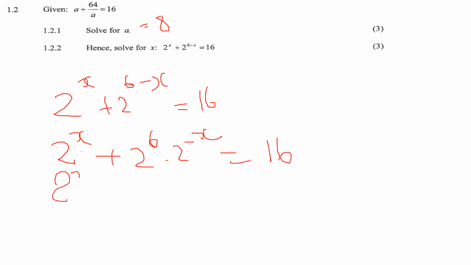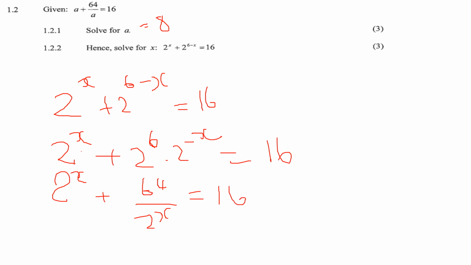So we have 2 to the power of x plus 2 to the power of 6, which on your calculator is 64. So we have 64 all over 2 to the power of positive x, because you're moving it from the top to the bottom, so the exponent changes sign to be positive, equal to 16.